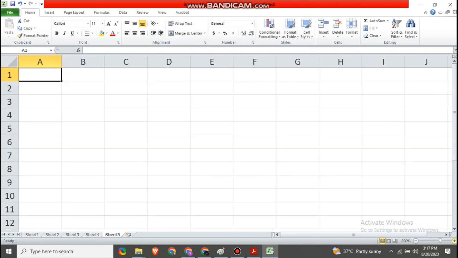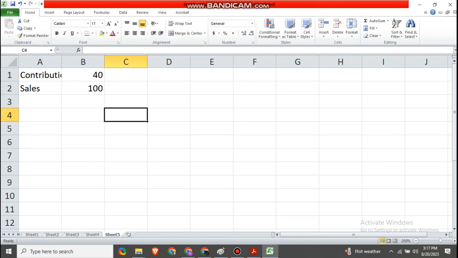Okay, so to solve this, contribution to sales ratio is contribution divided by sales. So contribution divided by sales is 40%, so that means 40 divided by 100.